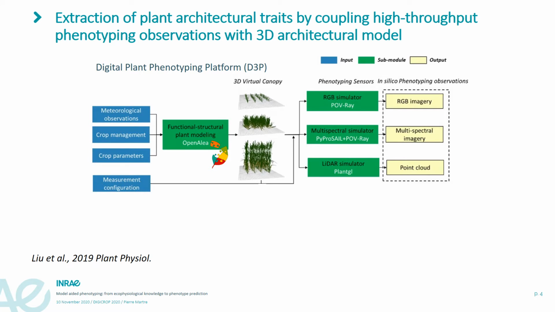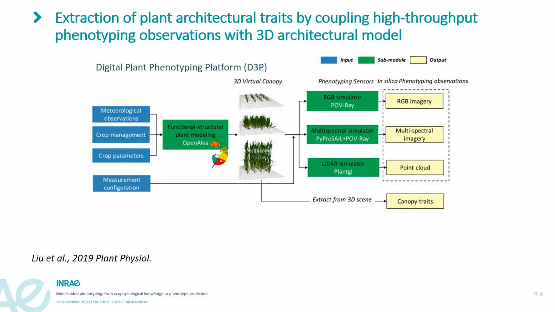These canopies can be analyzed using simulators of RGB, multispectral, or LIDAR sensors that produce images and point clouds of canopies that can be analyzed using different types of models to estimate canopy traits.